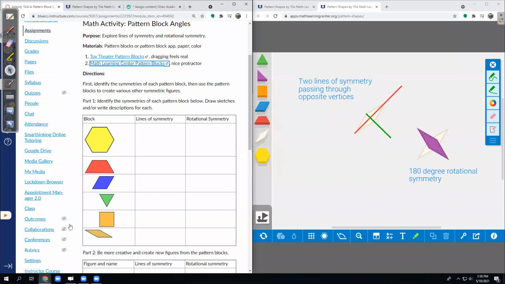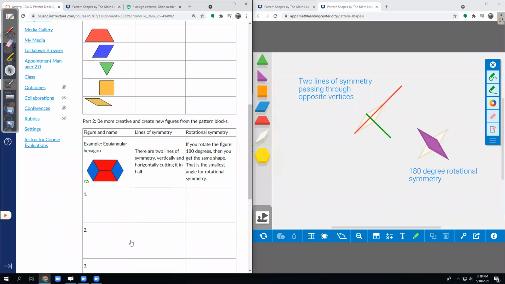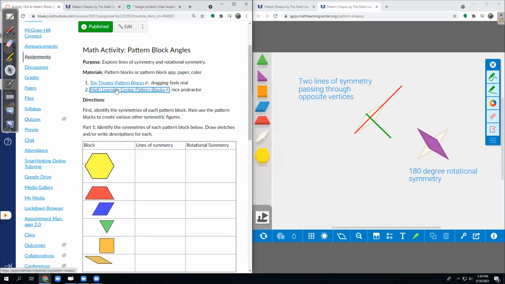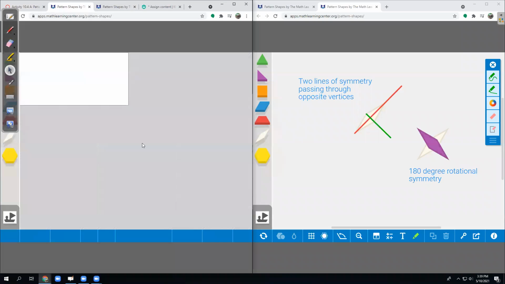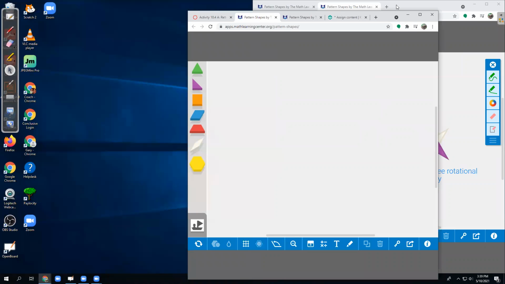So I'm going to make a new one for the second part here, just playing around with the figures and seeing what happens. Let's go new one. And every time you click this link, it gives you a new page that you could share out in the future if you want. Full screen.